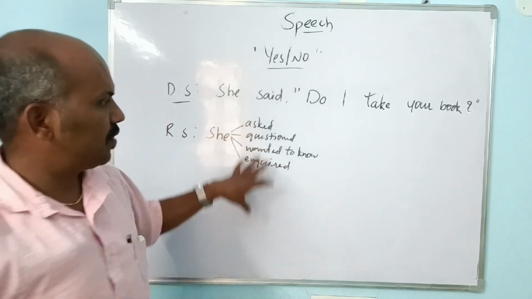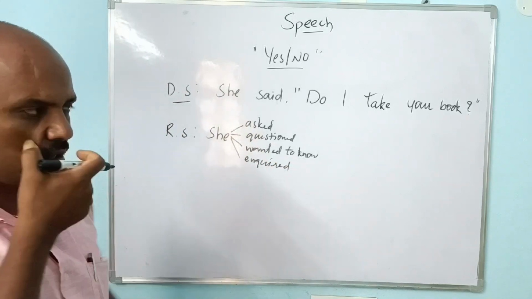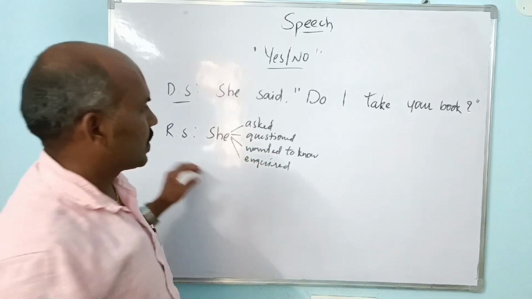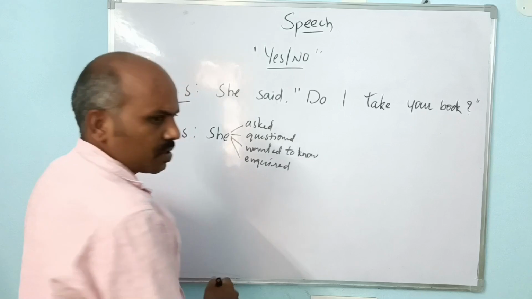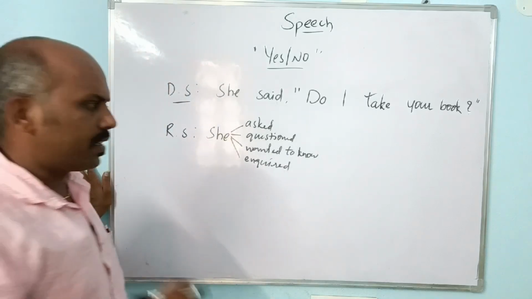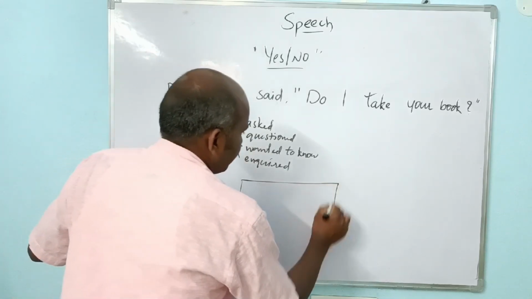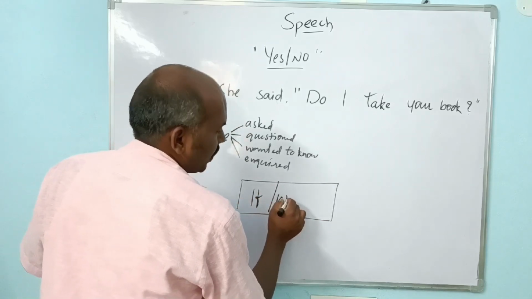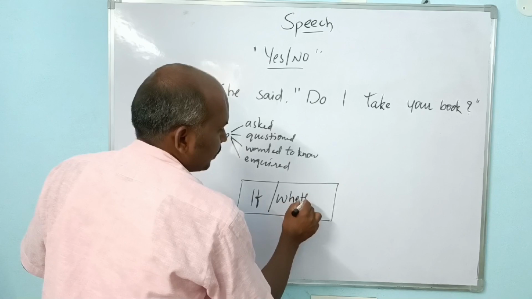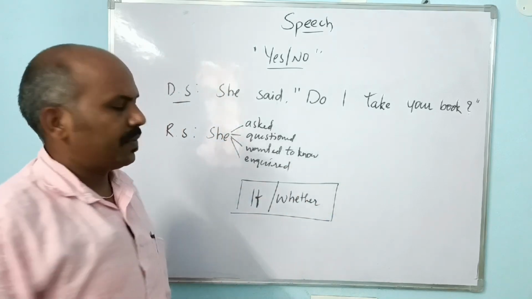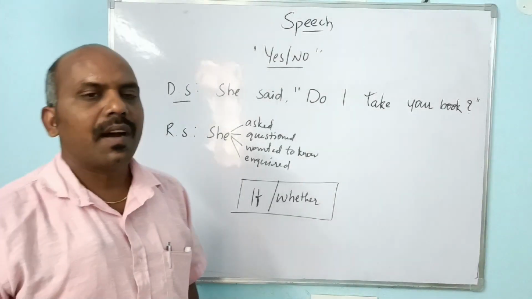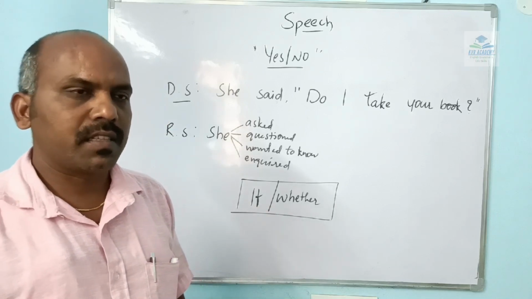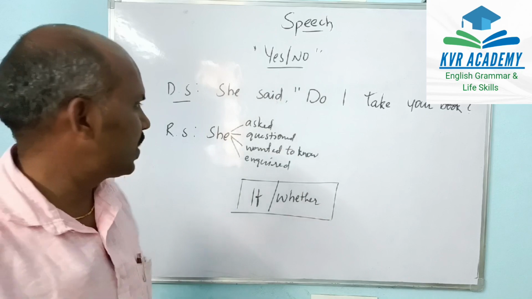We have to use any one of these because these are all questions. We don't say questions, we ask questions, right? She asked, and for yes or no questions we add one more word, if or whether. One of these is used as a conjunction to join the two parts.